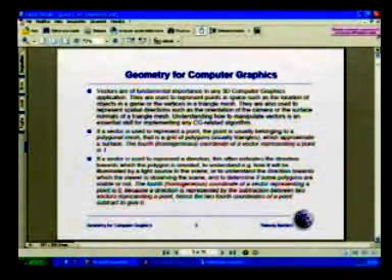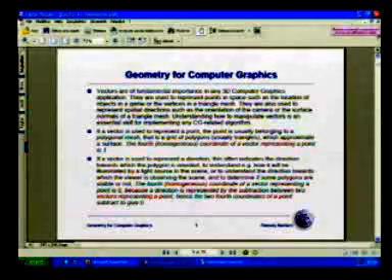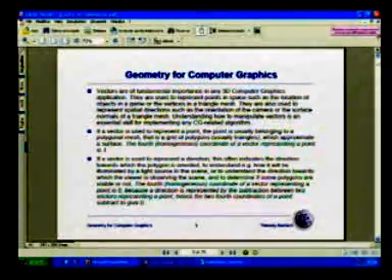As I said, the basic building block for everything is the vertex. The vertex itself can be represented with a vector by using its coordinates x, y, z. These can be easily put inside a vector, where x is the first component of the vector, y the second component, z the third component.